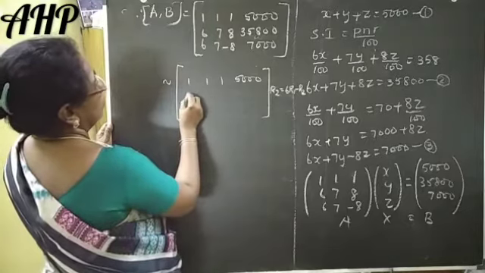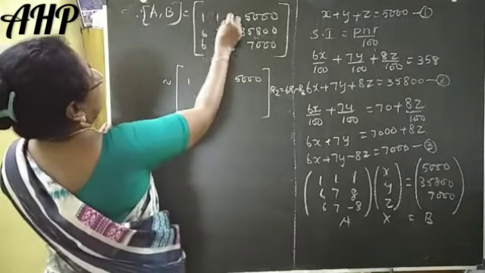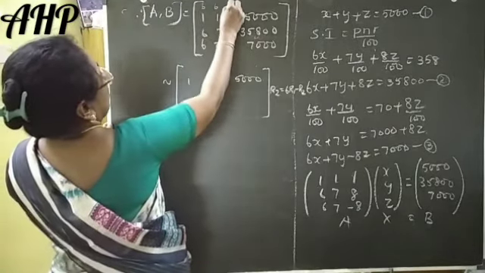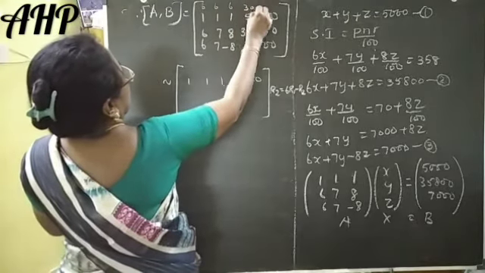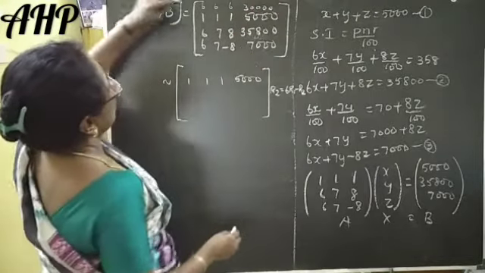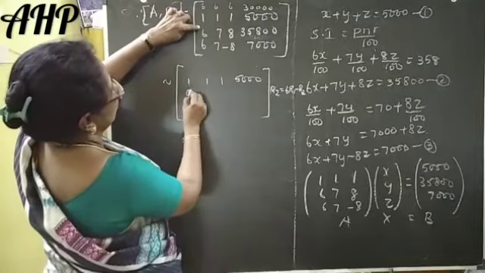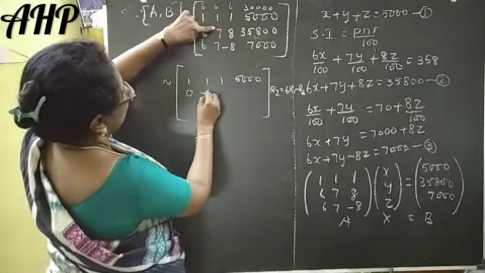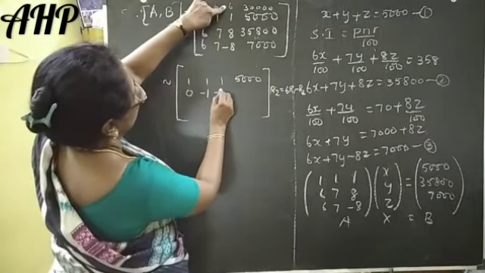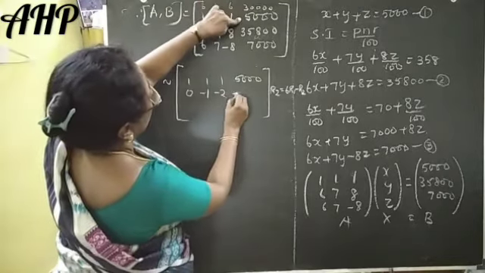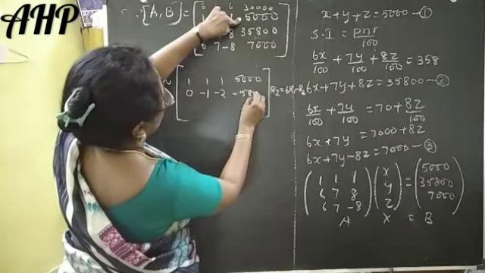So multiplying R1 by 6, we get 6, 6, 6, 30,000. So subtract: 6 minus 6 gives you 0, 6 minus 7 gives you minus 1, 6 minus 8 gives you minus 2, and this is minus 5,800.